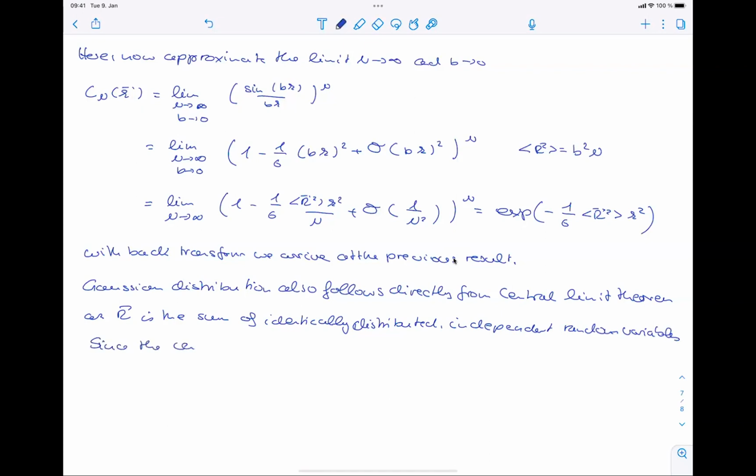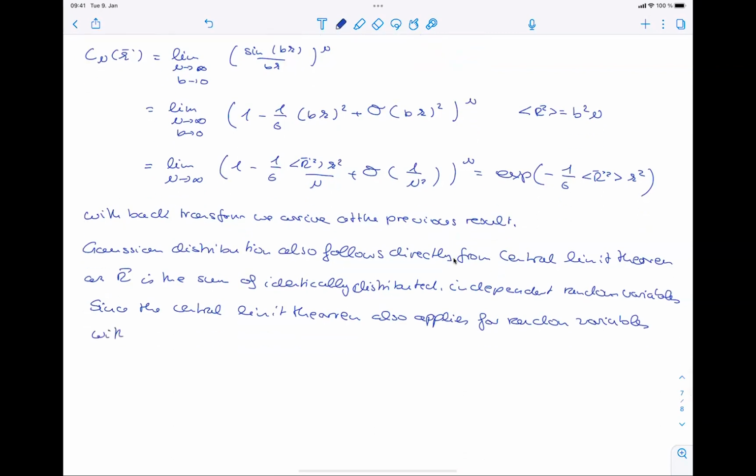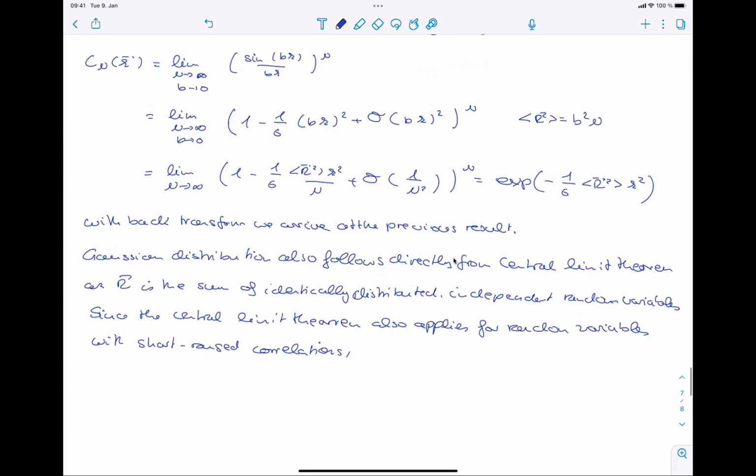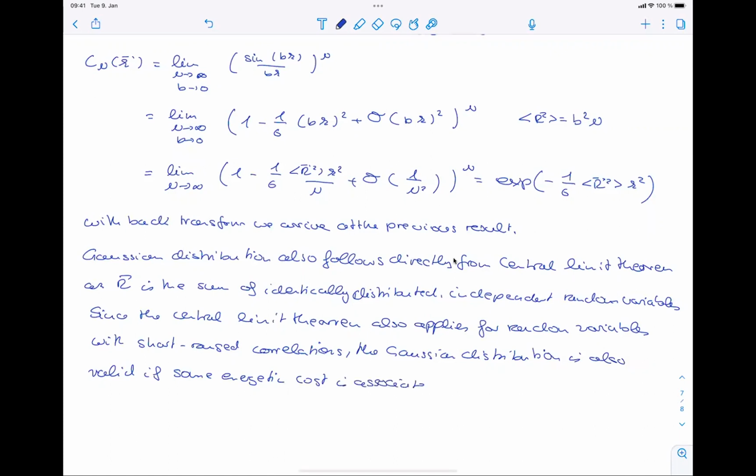And since the central limit theorem also applies for random variables with short-ranged correlations, the Gaussian distribution is also valid if some energetic cost is associated with subsequent bond orientations.